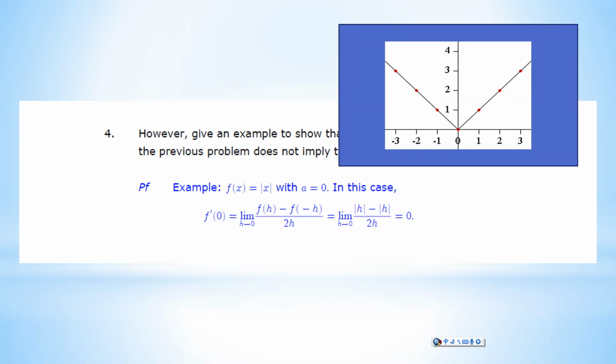The f(minus h) is still equal to the absolute value of h. Then these two absolute values of h cancel. So it's identically equal to 0. So therefore the limit equals 0. Okay, so this implies that f prime of 0 equals 0. And that's a wrong result because the derivative at 0 does not exist.